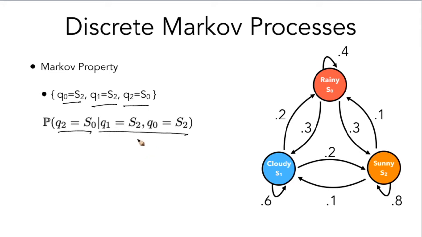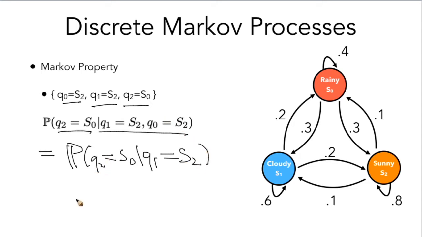We generally would have to include the whole chain history in order to do so. However, here comes the Markov assumption into play, because this allows us to truncate this expression such that the probability of q2 being S0 is only dependent on the observation of the day before. So that is q1 equals S2.